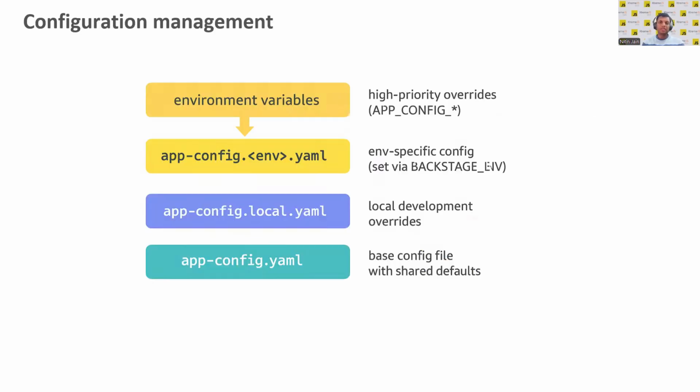Now let me talk about configuration management, something almost every system struggles with. Backstage nailed down this problem with a very clean, layered approach. You get environment variables for overrides, environment-specific YAML files for staging, prod, etc. You get local YAML files for development, and finally a base config for shared settings.